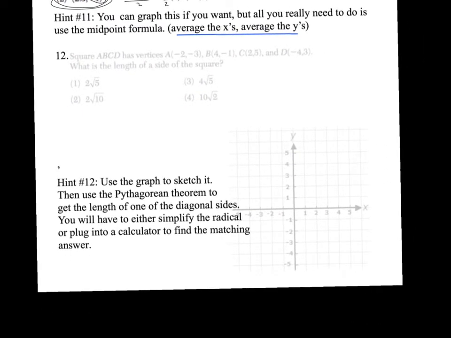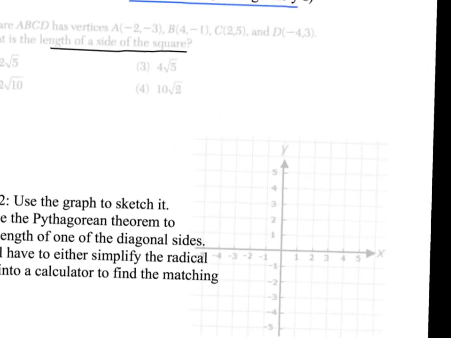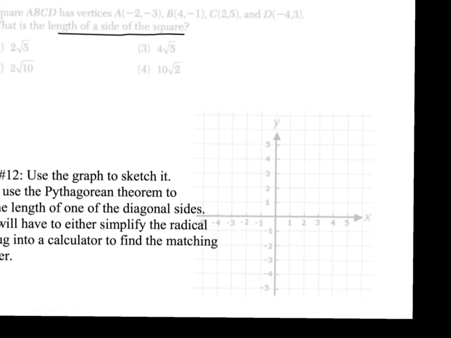For question 12, they want to know the length of the side of a square, if I gave you these coordinates right here. So you can graph all 4 points.